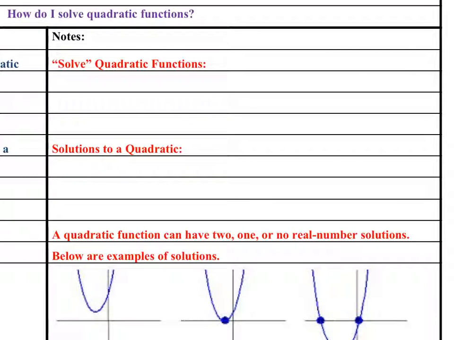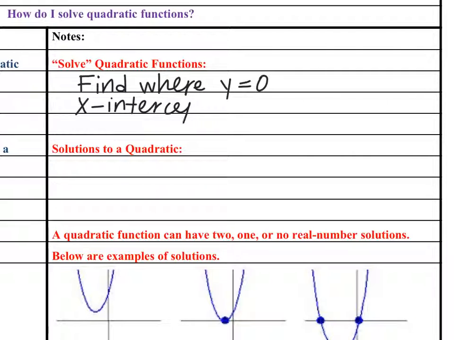Here's what it means to solve a quadratic. Please write this down. To solve a quadratic means you are going to find where y equals 0. And if you think about it, y equals 0, those are the x-intercepts.